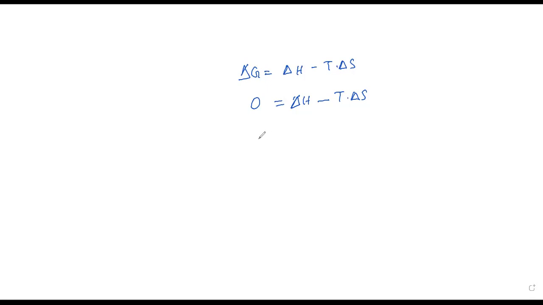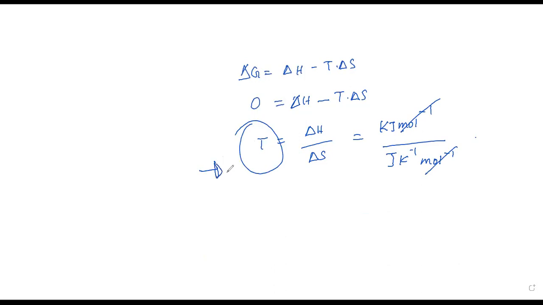So that means your T is equal to delta H divided by delta S. Here the unit, I'm just going to speak about the unit, that is kilojoule mole minus 1, and your entropy unit is joule Kelvin minus 1 mole minus 1. The mole will cancel out. We have to end up with Kelvin. And this is joule, this is kilojoule, so I have to convert into joule.